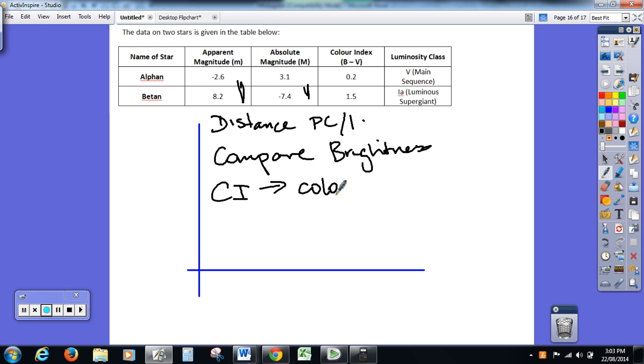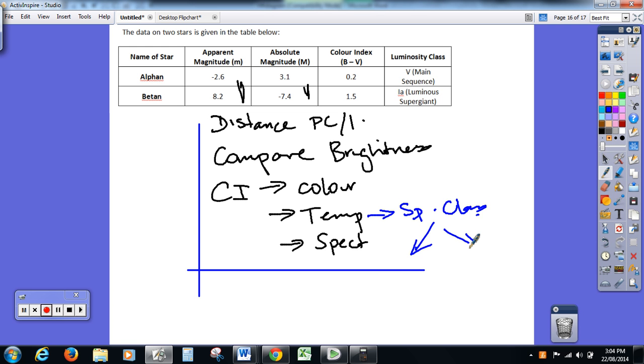We can actually get the colour, we can get the temperature, and we can get the spectral class. Don't forget that the temperature can also give us the spectral class. And if we know the spectral class, we can also work out the features of the spectrum.